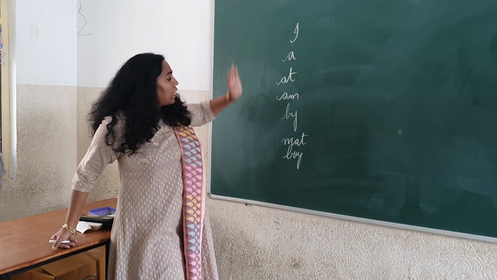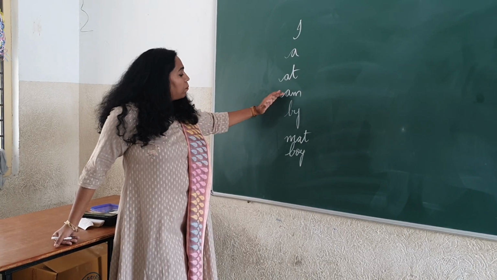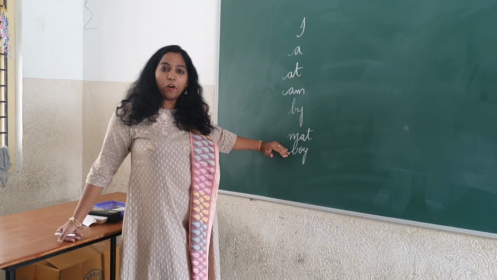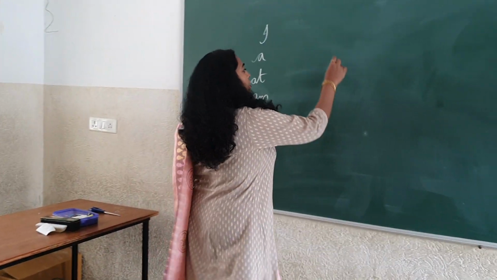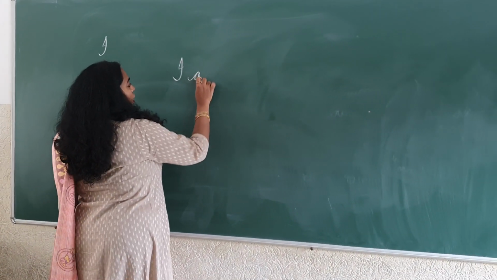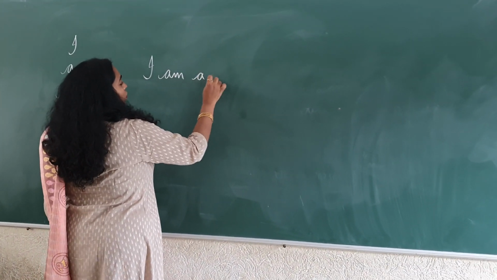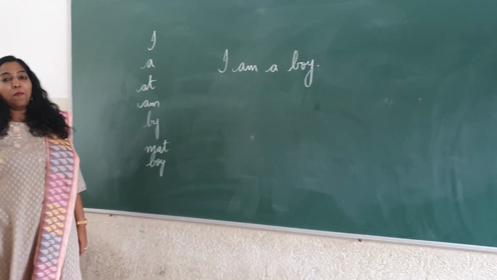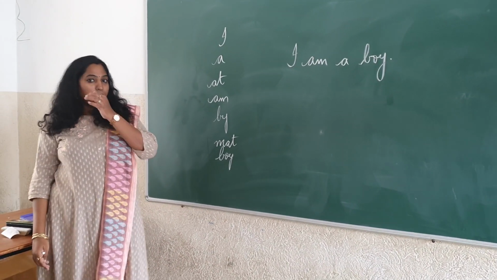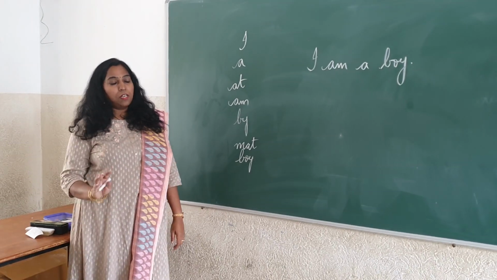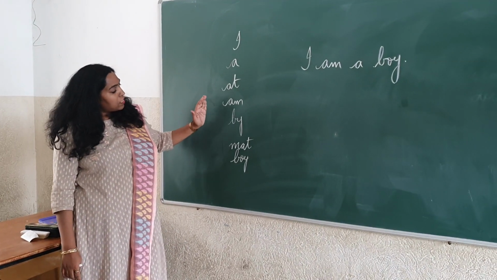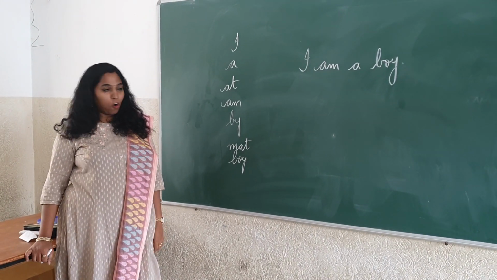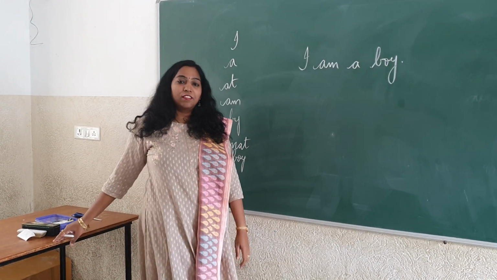Like maybe we can take I am a boy. Yes? So let us try it. I am a boy. So tell me which list of these words makes a meaning. I, at, am, by, mat, boy, or I am a boy.